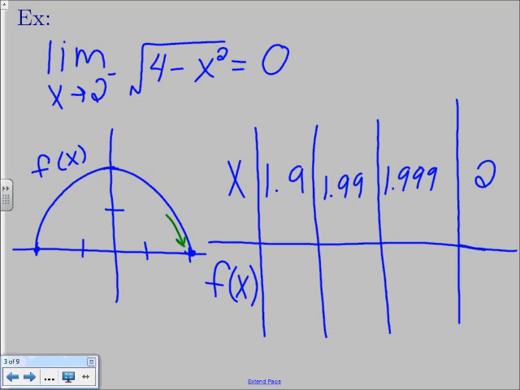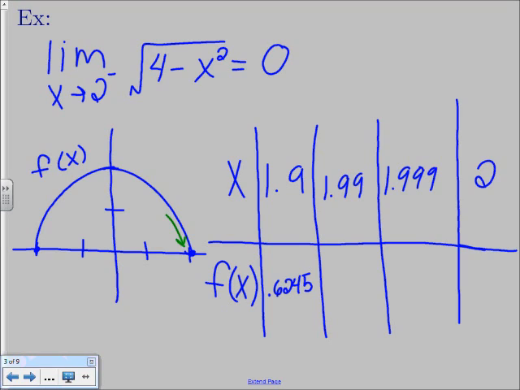So now we're going to use our calculators to plug in those 4 different values into our function and see what sort of y values we get out and see if they seem to be approaching anything. So when we plug in 1.9 into our function, we get 0.6245.